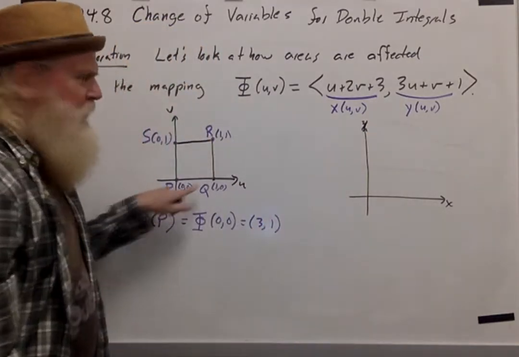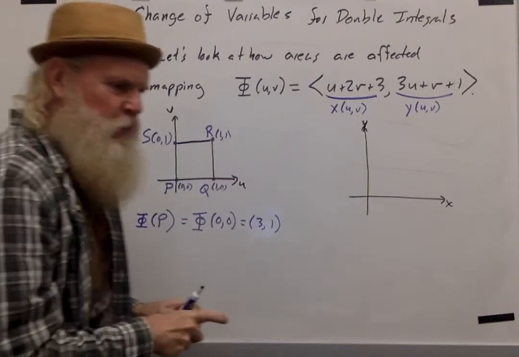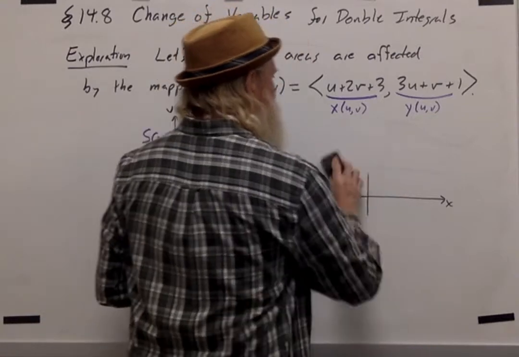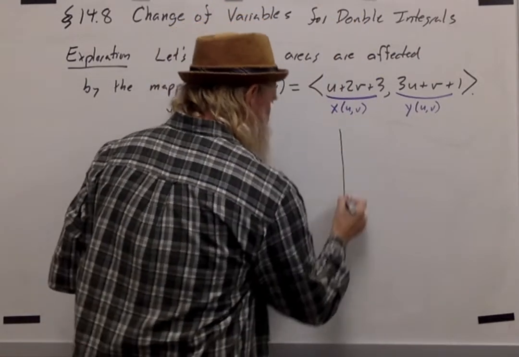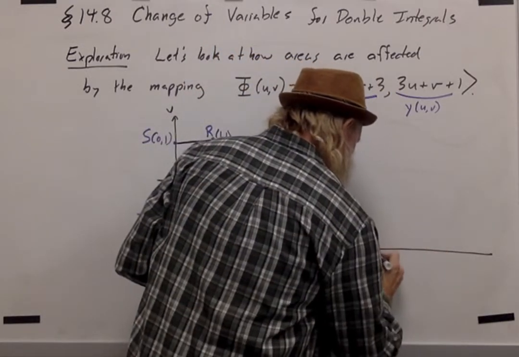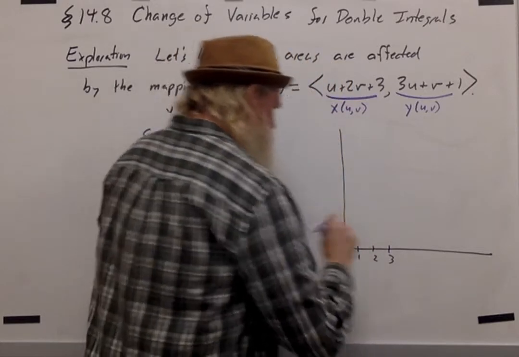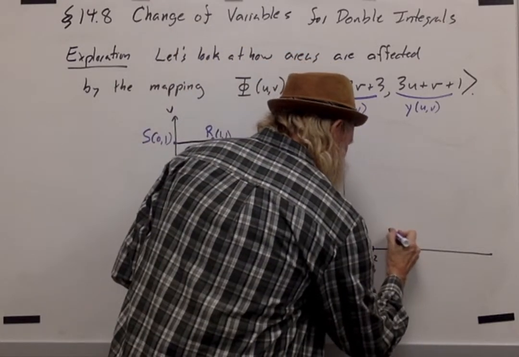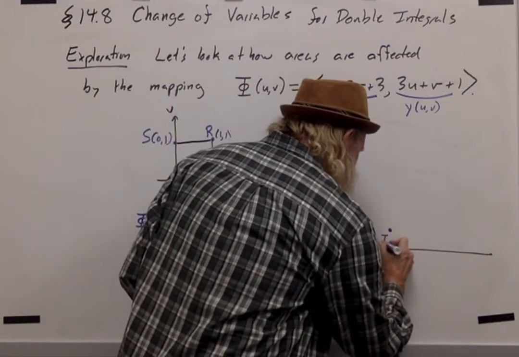So the point 0, 0 gets mapped over to 3, 1 in the xy plane. I'm going to draw this a little bit larger. So this point is going to be phi of P.